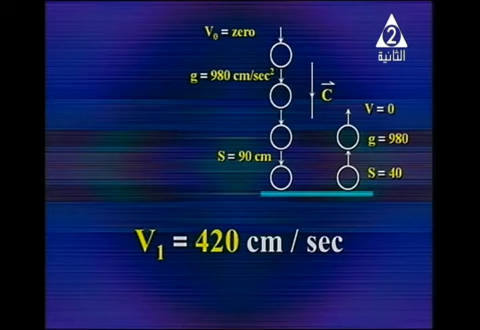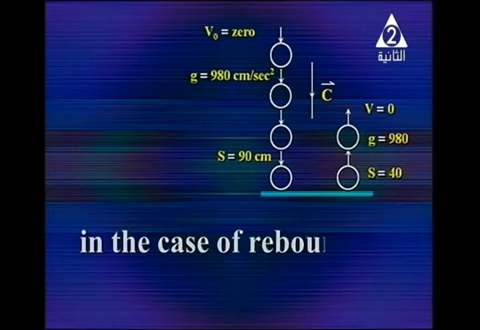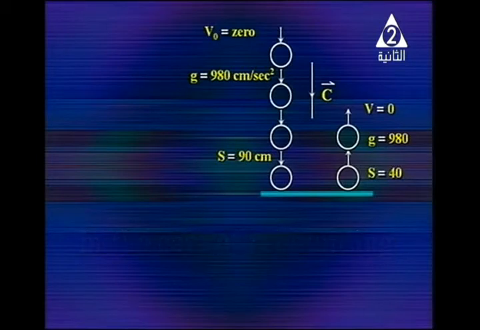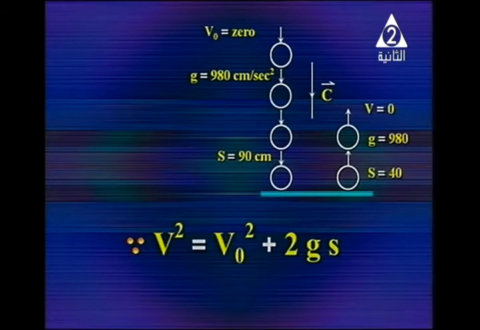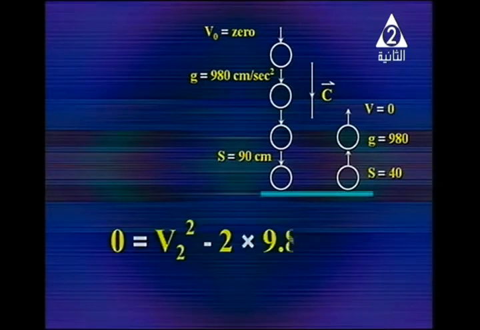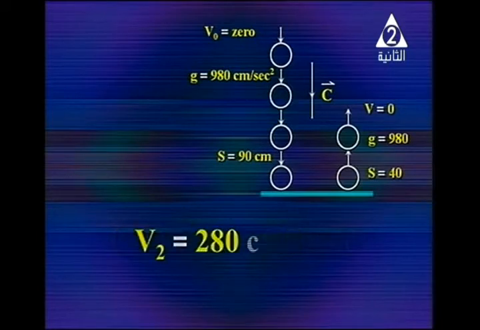After rebounding, by using the same rule, V squared equals V naught squared plus 2GS. V equals 0 when it reaches maximum height. Maximum height equals 40. Maximum height means V equals 0. So 0 equals V naught squared minus 2 times 9.8 times 40. Then V2 equals 280 centimeter per second.